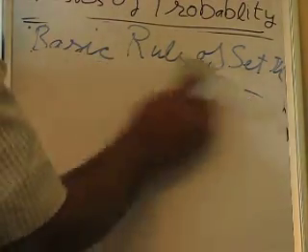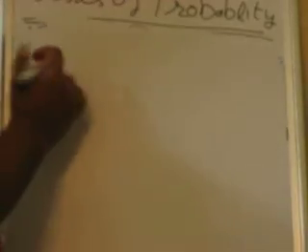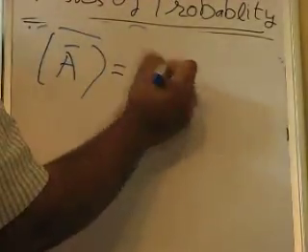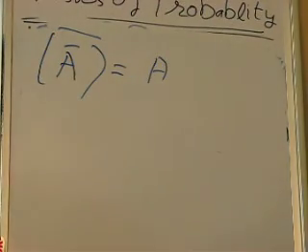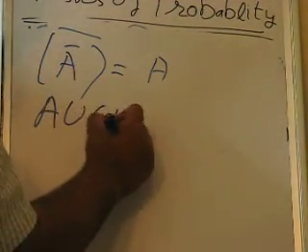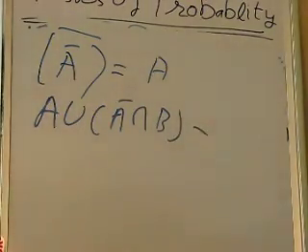There are a few basic notations. If you take a complement of a complement, what will you get? The set itself. You have A complement, then again you take a complement, you get A. And if you take A union (A bar intersection B), what will you get?